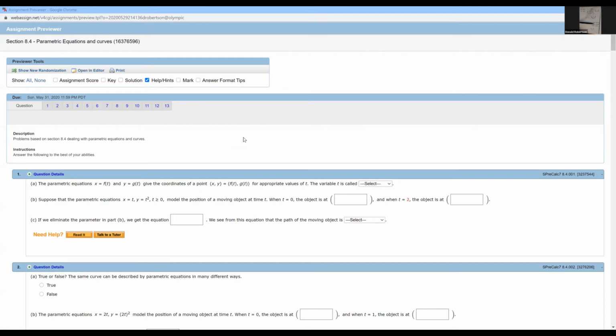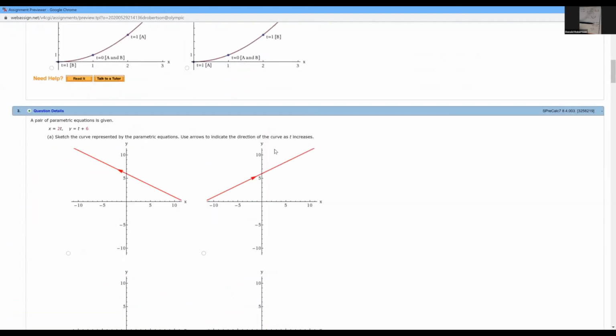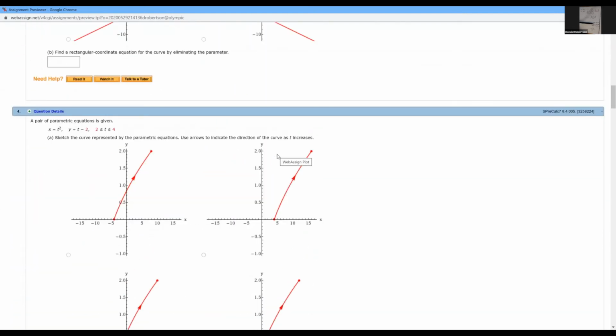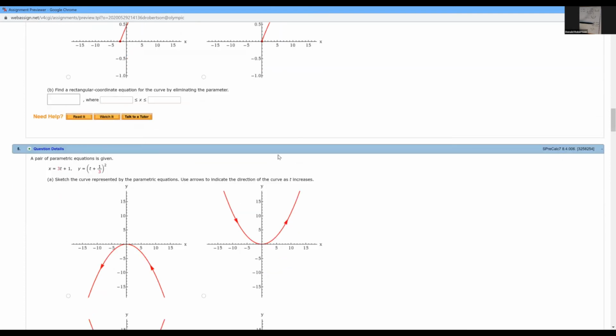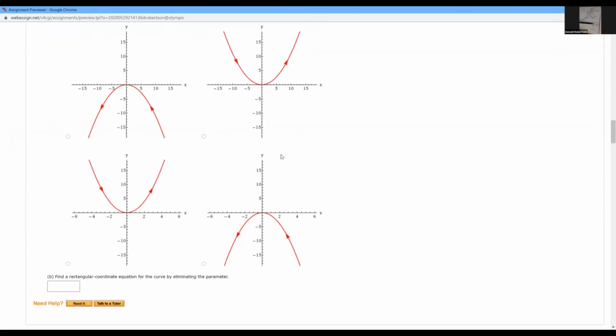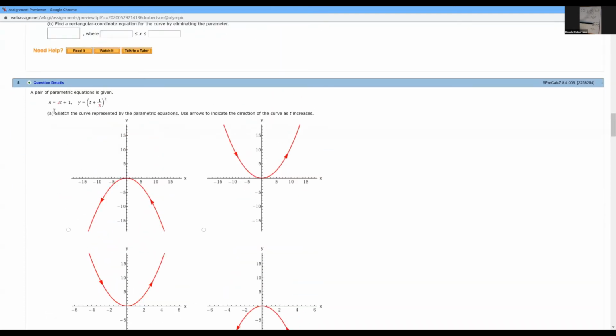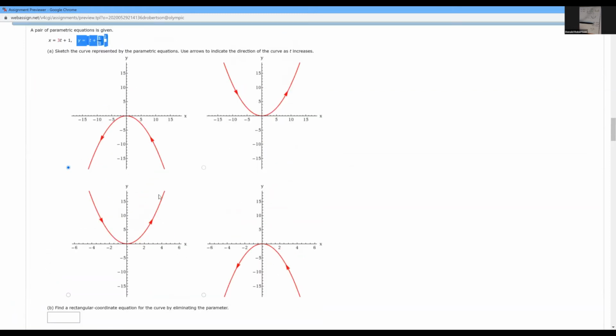So here are some pretty standard examples. So I'm just stopping this one for a minute. Can you imagine that what you would do here is you plug that guy in for the x, when you plug this guy in for the y, and then you'd have a look at the picture and see what you got. And one of these 4 pictures would be the guy you're looking for.